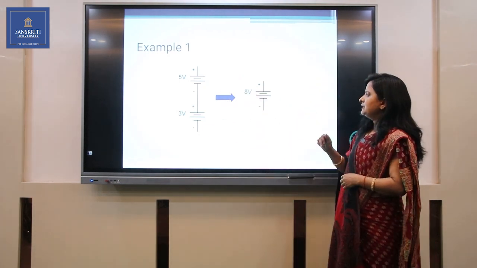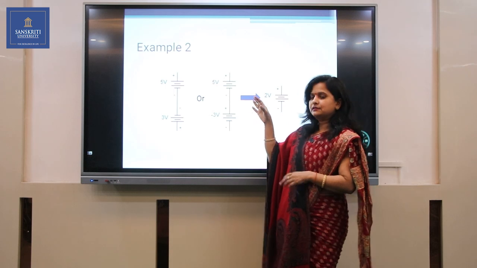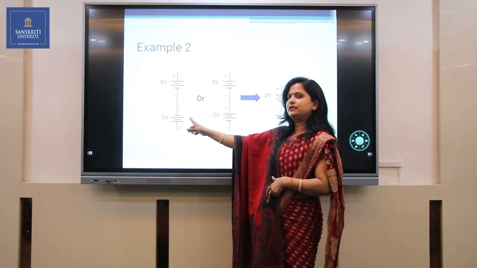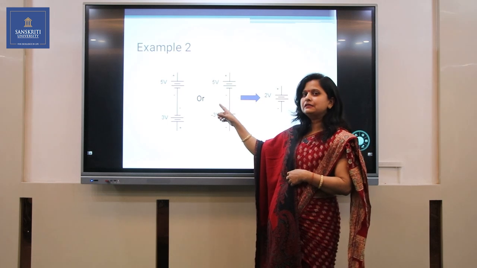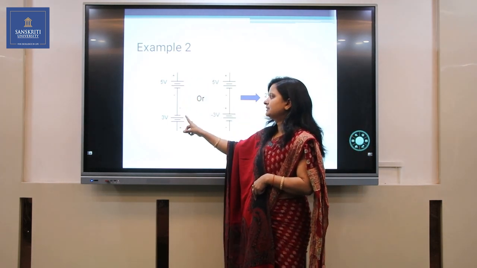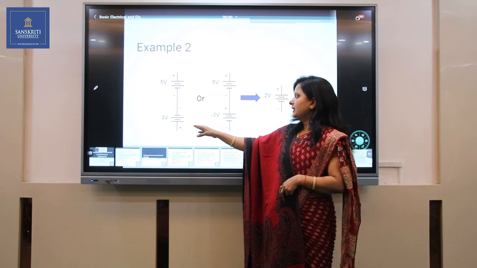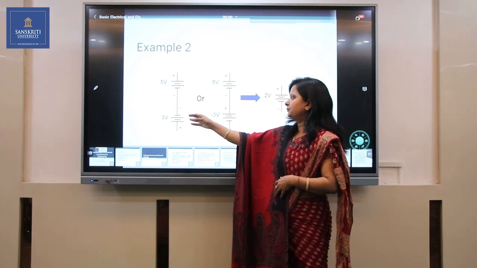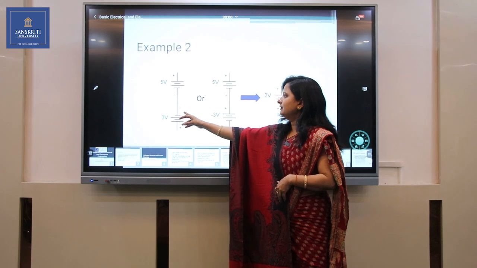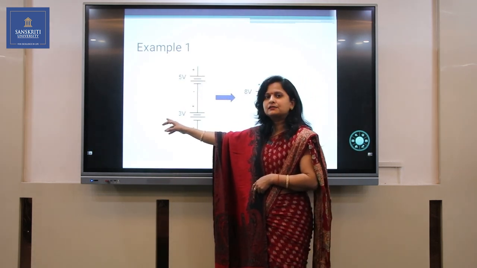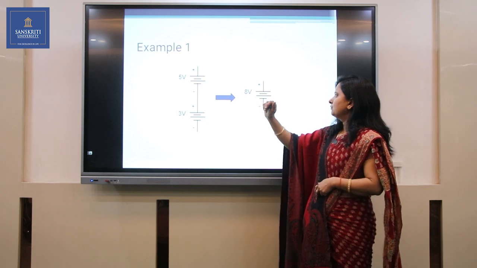Fine. Similarly, if we have the same two voltage sources, a 5 volt DC and 3 volt DC, but the terminals are interchanged, like positive, negative, negative and positive. In that case, we can reverse the terminal polarity. We can reverse it like plus minus with the magnitude as minus 3 volt. So what will happen?